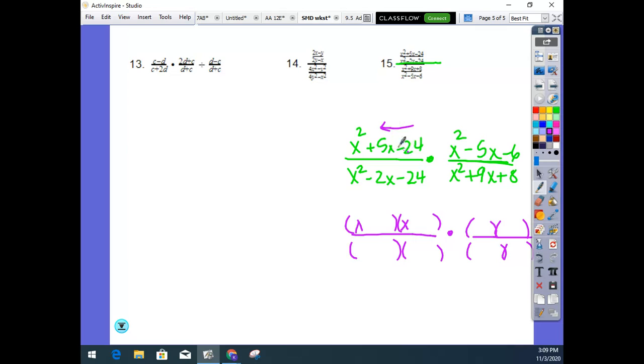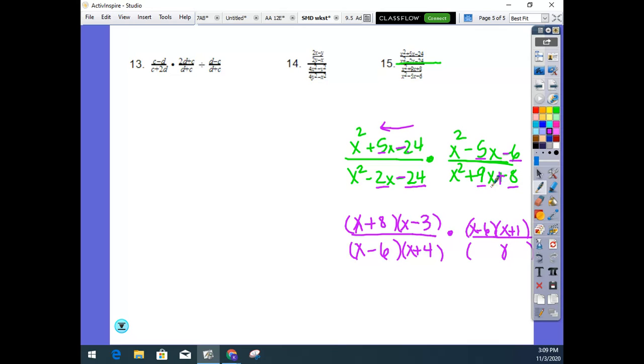Factors of 24 that subtract to get 5. Factors of 24 that subtract to get 2. Factors of 6 that subtract to get 5.